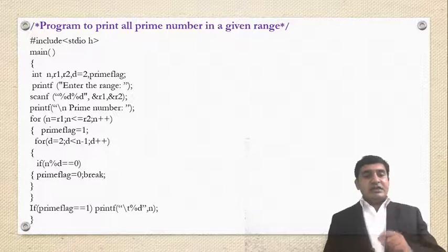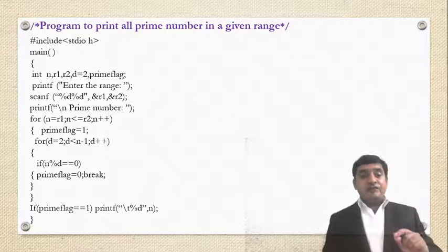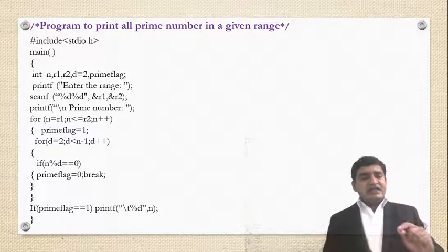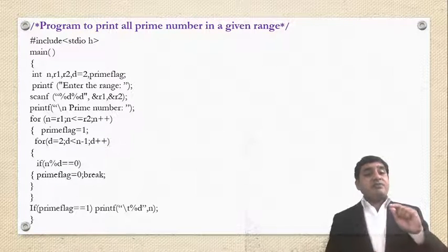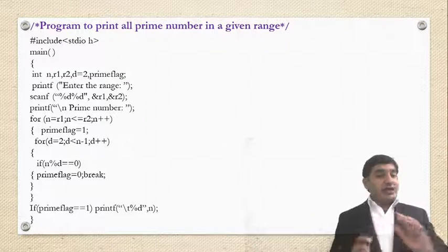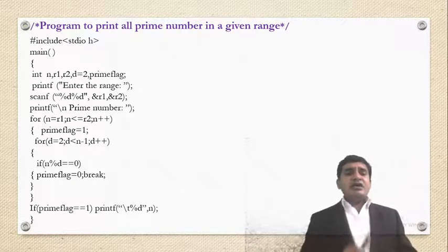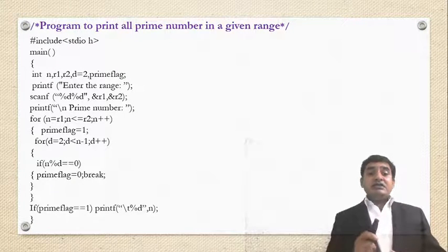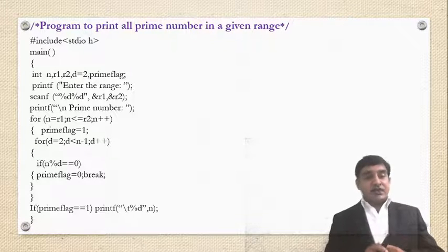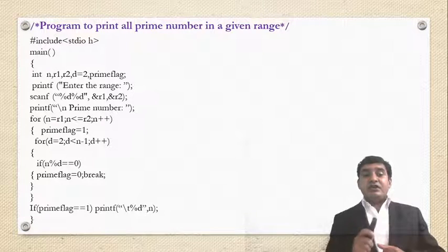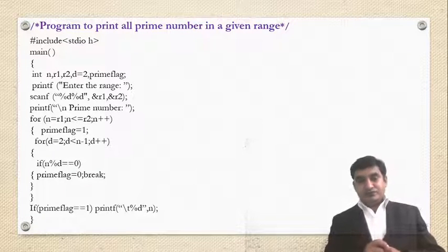Okay, we have to print the prime numbers which are also integers, so n. This indicates that if n is divided by d and the remainder is 0, then prime flag is equal to 0, break. It indicates that the number is divisible, and the remainder is 0.